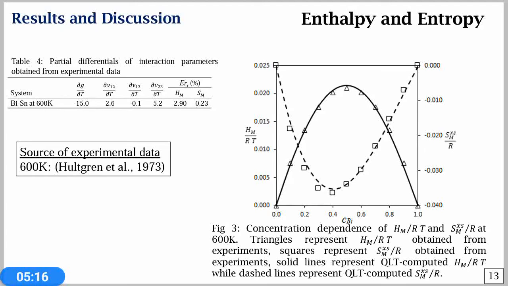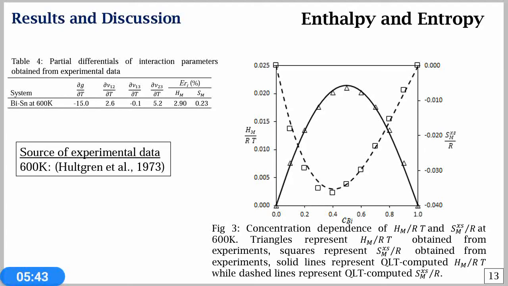The plots of normalized integral energies of mixing and integral excess entropies of mixing are shown in figure 3. In figure 3, the solid line represents the QLT computed HM over RT, while the triangles represent the experimentally obtained values.